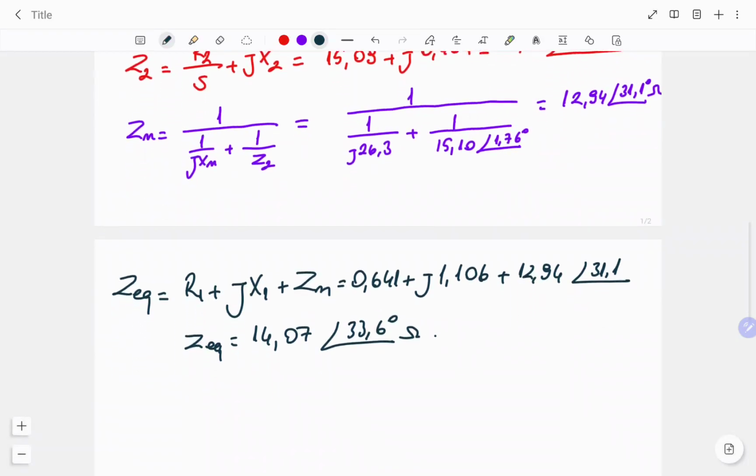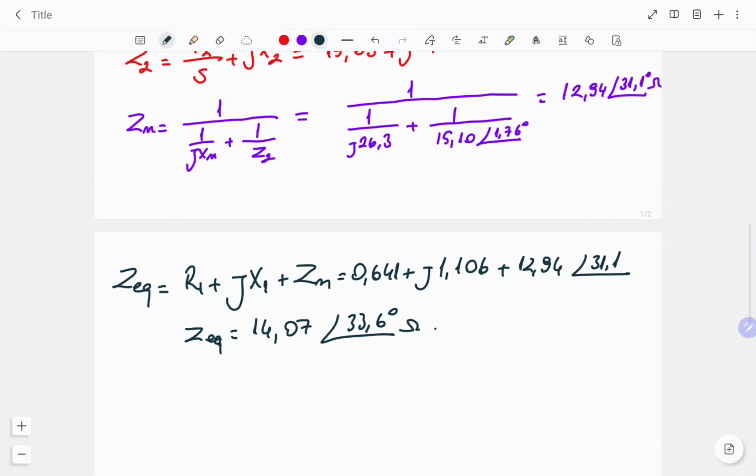And now it's possible to calculate the current value. I1, which is the input current of the circuit, will be the voltage V1 divided by the total impedance. What is the voltage? If we check the given values, 460 is given. What was the 460? It is the phase-to-phase terminal voltage.